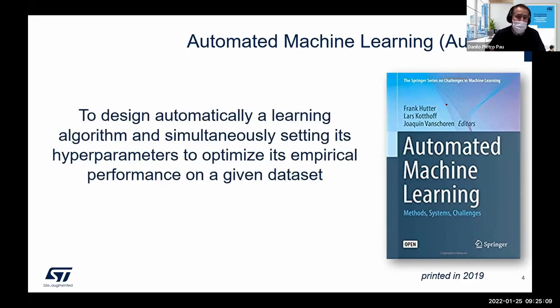Furthermore, we can define automated machine learning very easily as the capability to design automatically, without human intervention, an algorithm or pipeline, setting both the pipeline and the hyperparameters in order to achieve proper and adequate performances on a given problem. And the problem is shaped by a set of data.